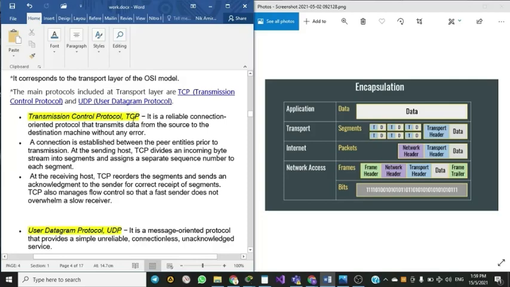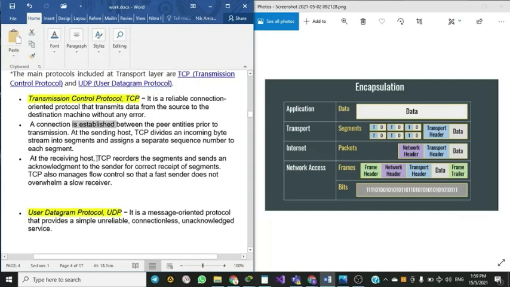Transmission Control Protocol is a reliable connection-oriented protocol that transmits data from source to destination without any error. A connection is first established between peers prior to the transmission. The sending host's TCP divides an incoming byte stream into segments and assigns a separate sequence number to each segment.